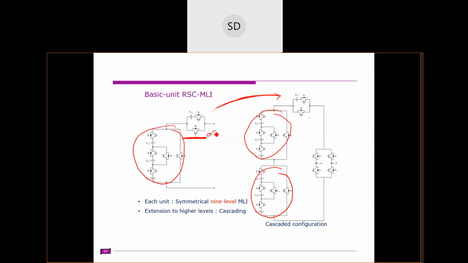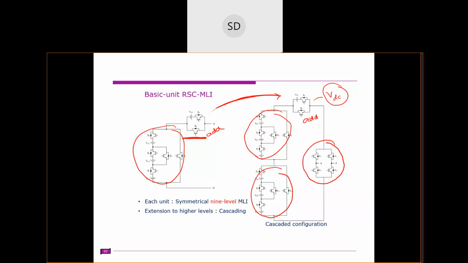This additional unit is supposed to generate only VDC. Clear? So this is how we will increase the number of levels, and after that we need to connect to a polarity generator, so that will produce both positive and negative half cycles.